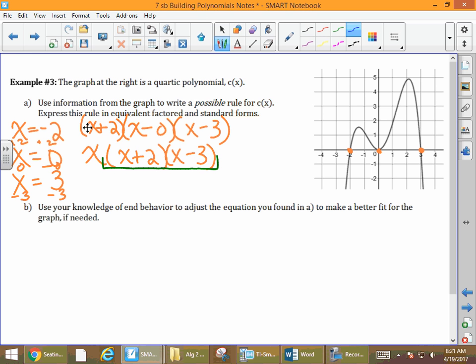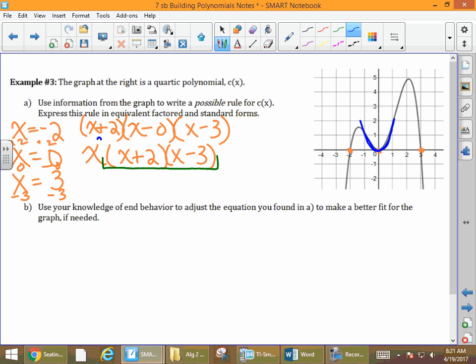At 0, we touch, and it looks like a U-shaped curve. What does that exponent have to be on the value where we get the 0 for the root of the function? It has to be 2. Here's a quadratic. I'll draw it in so people can see it on the video. There's the U-shaped curve.